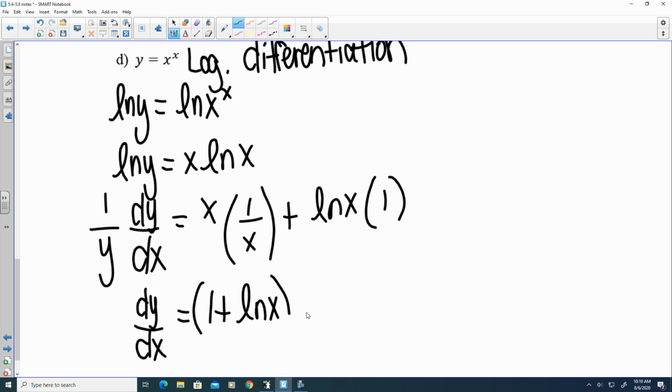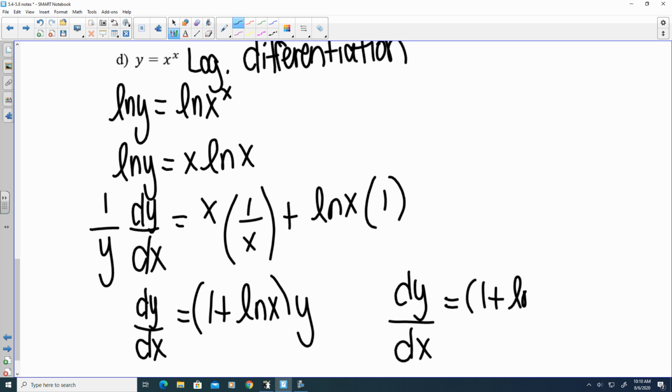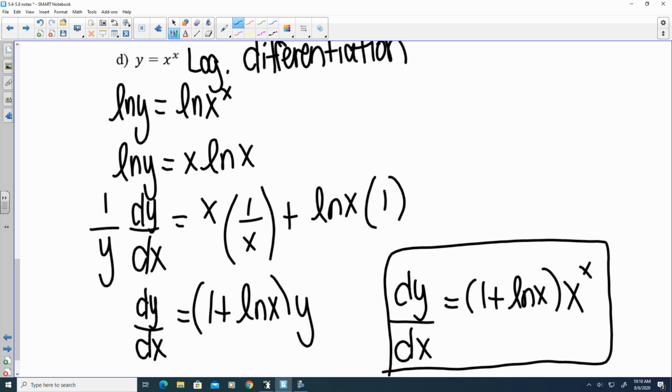We're going to multiply both sides by y. I'm obviously not going to leave the variable y in my answer. I'm going to put the original back in. 1 plus natural log x times x to the x. That one is tough. If you don't see it right away, that becomes a really tough problem.